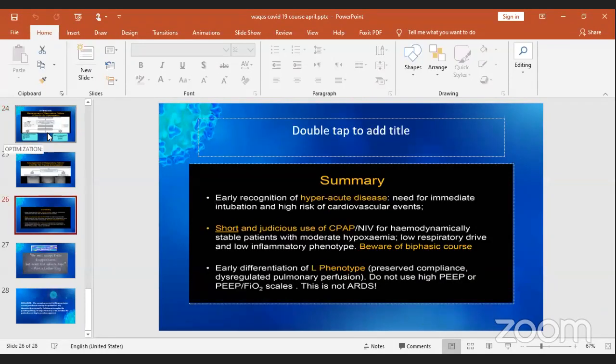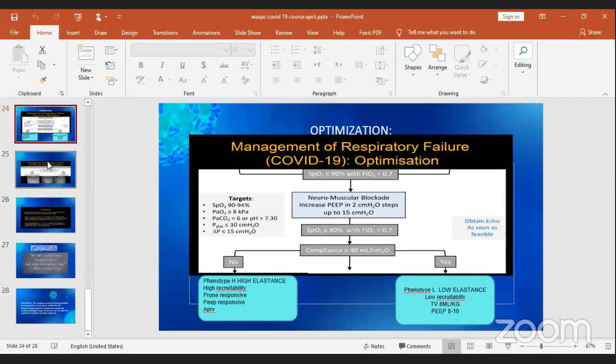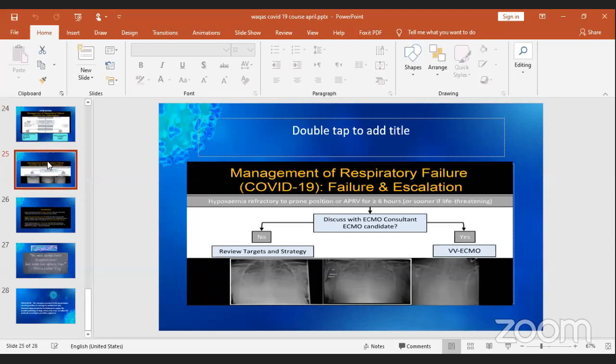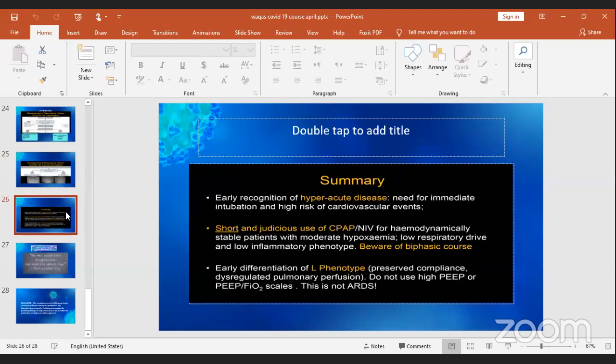Regarding high frequency nasal cannula and CPAP, just follow the local protocols, because there is a high risk of transmission of infection. That's why Gattinoni even said this should be done in a controlled environment like a negative pressure room with full PPE, and only then can you use it. But still, it's better not to use it if it is not recommended in our guidelines.